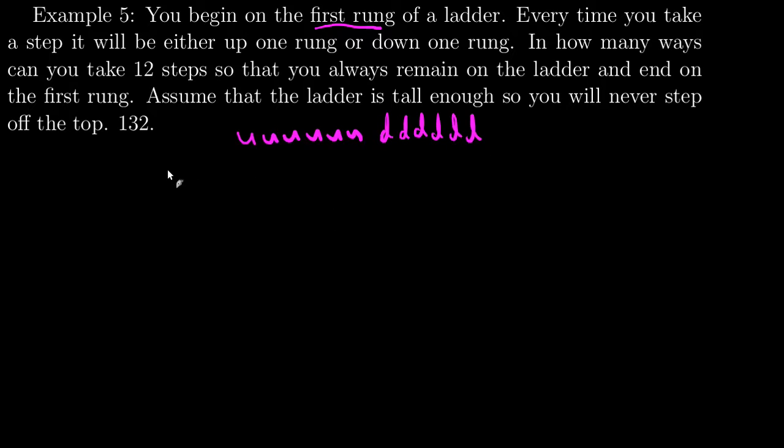And so this is B6. So you do 6 times 2, 12, choose 6. 12 total steps, 6 of them need to be U's. And then subtract 12 choose 6 minus 1 to take care of every case where I actually step off the ladder at the bottom, and that will give me 132.